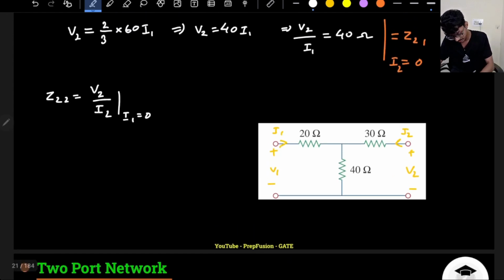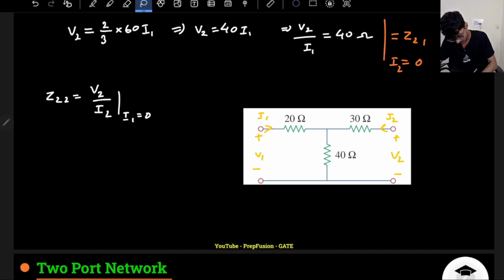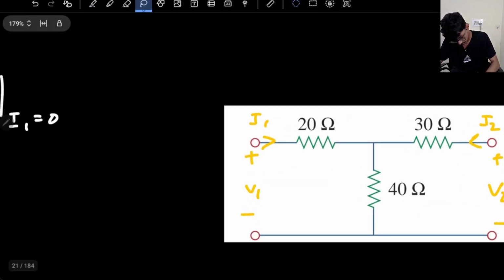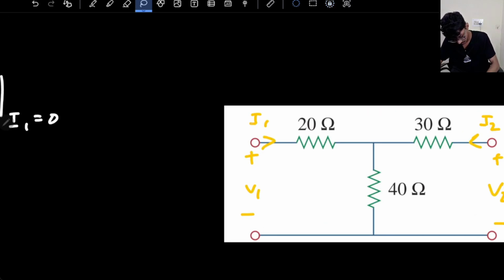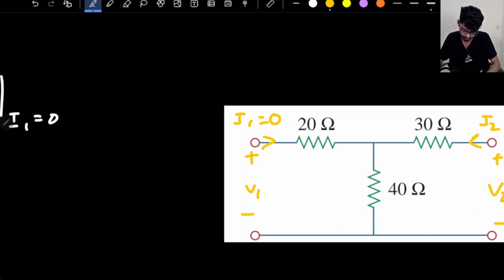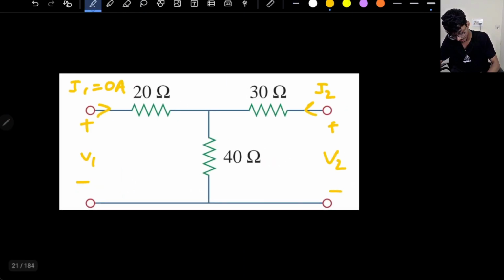So I have to make this input current equal to 0. So I1 is 0 amperes. I2 will be some current, since I have applied some voltage.